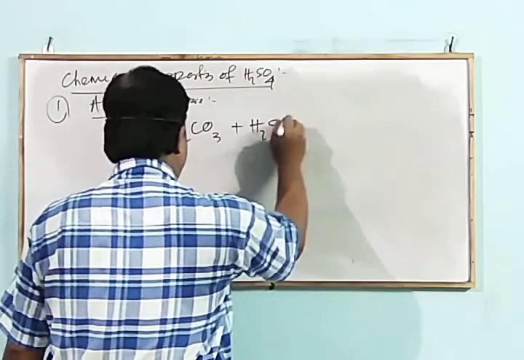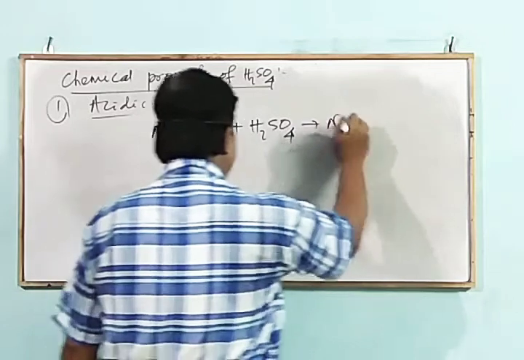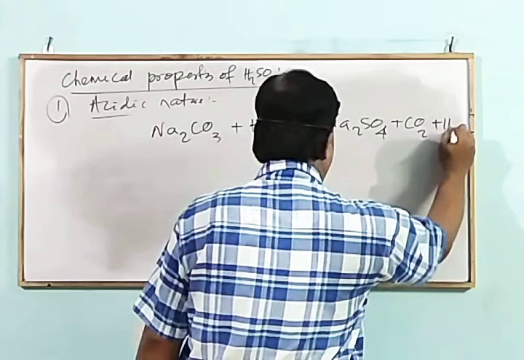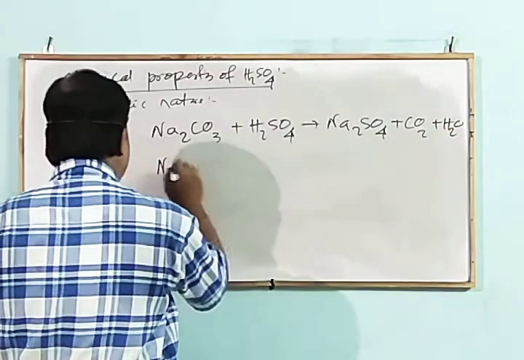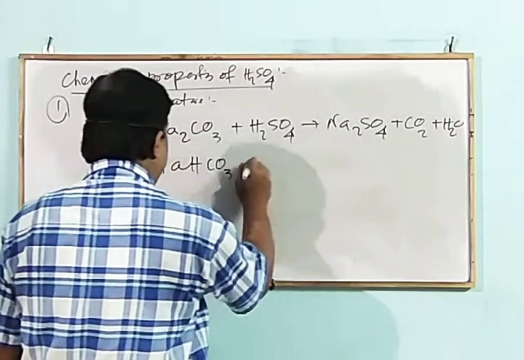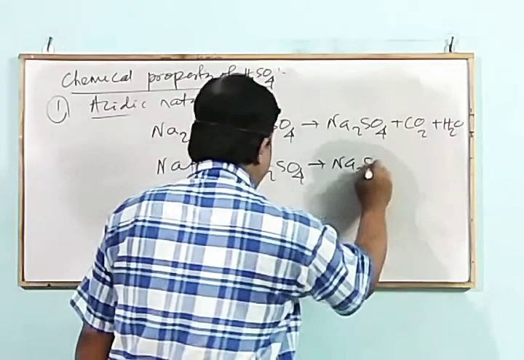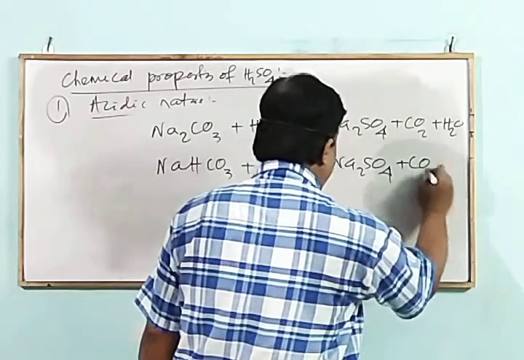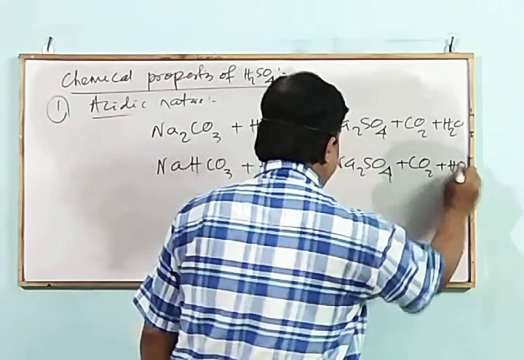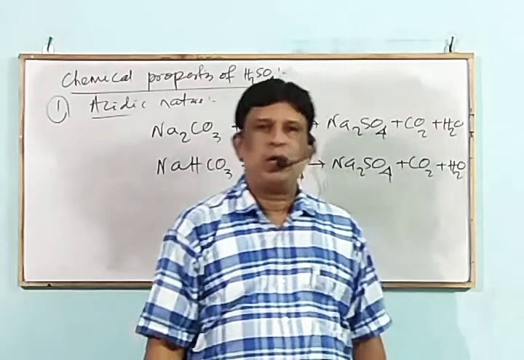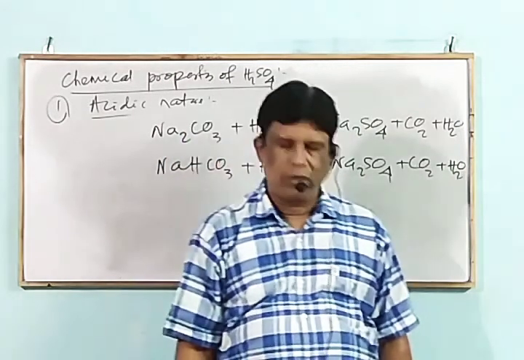Sodium carbonate plus sulfuric acid gives sodium sulfate plus carbon dioxide plus water. Sodium bicarbonate plus sulfuric acid gives sodium sulfate plus carbon dioxide plus water. These are some examples under the acidic nature of sulfuric acid.